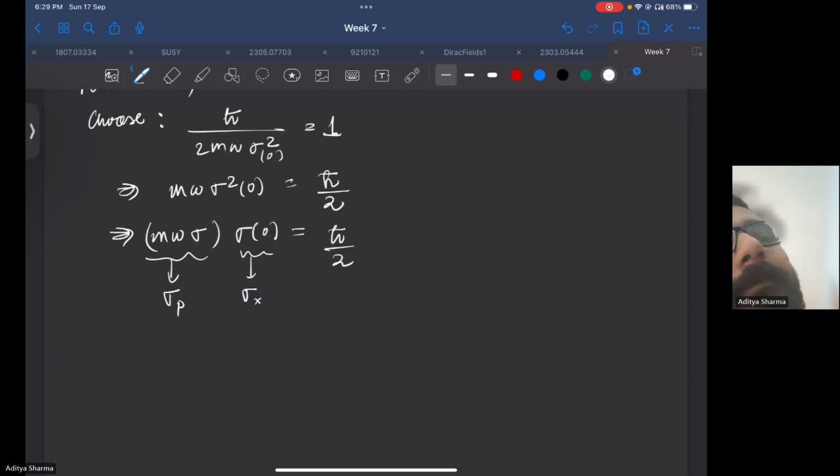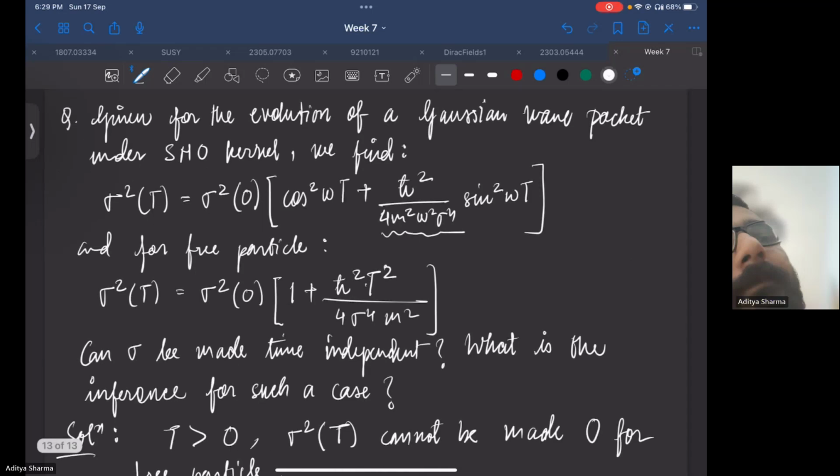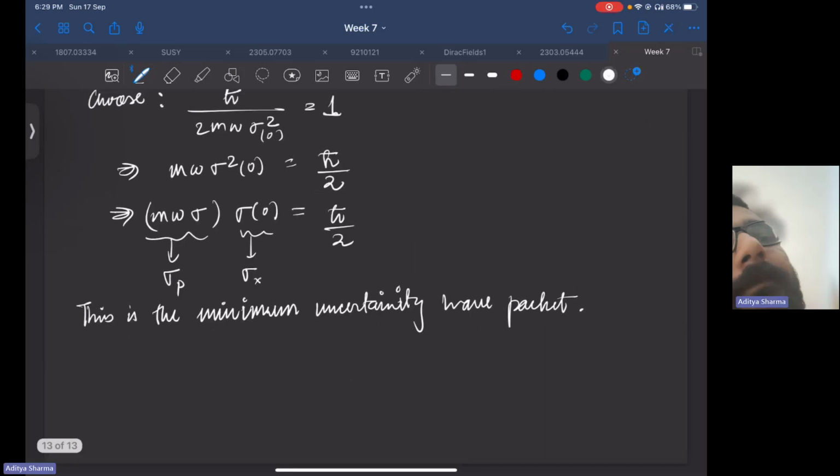And then we see that this is nothing... I've shown for you that the Gaussian wave packet, the minimum uncertainty wave packet, using the evolution of the Gaussian packet under the SHO kernel.